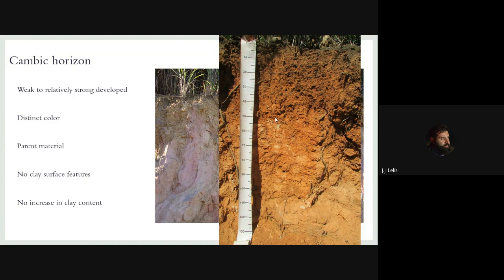So we can see a B horizon, but we can't see any kind of specific soil process, and that's why we are calling this horizon a cambic horizon.